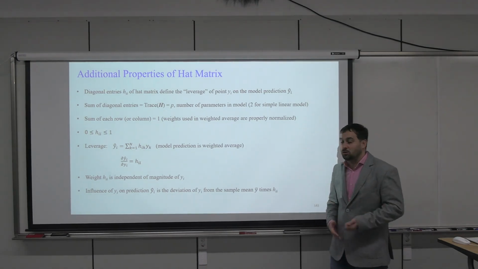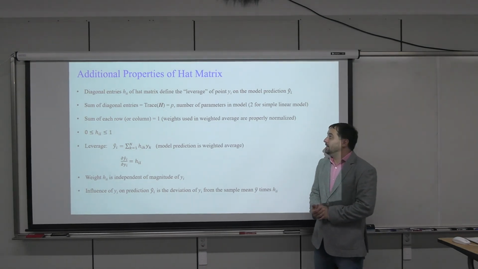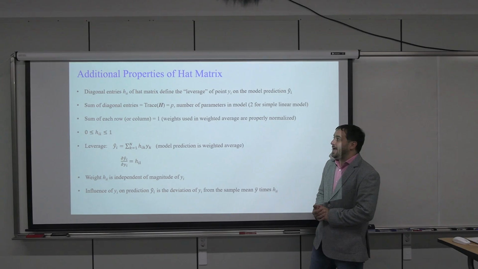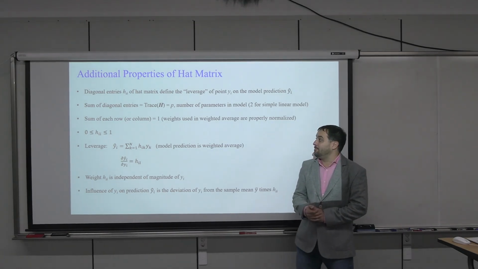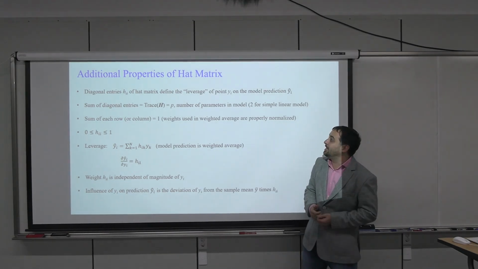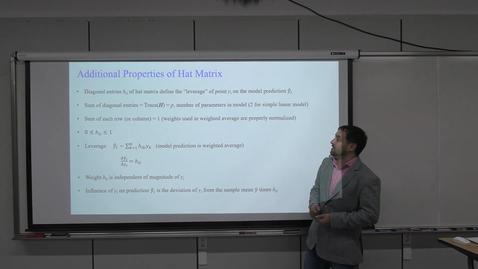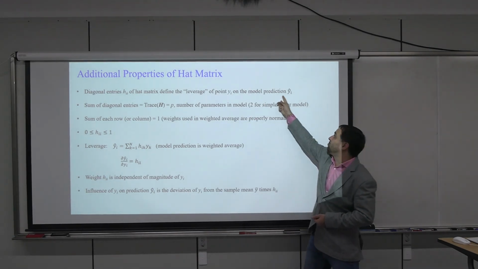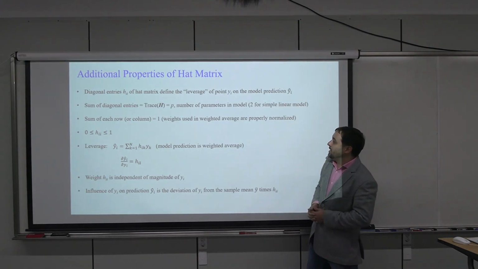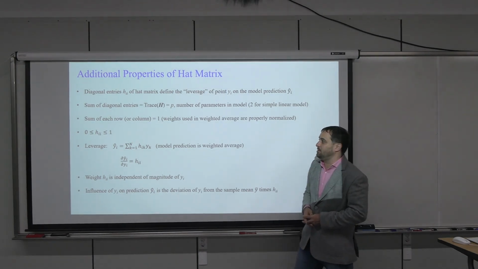Let's look at some additional properties of the hat matrix. The diagonal entries of the hat matrix, which I'm going to designate H_ii, define what's called the leverage of point Y_i on the model prediction Y hat_i.